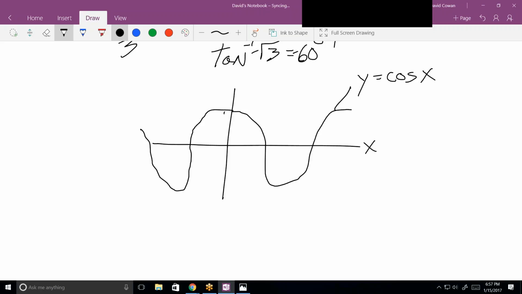That's 1. That's -1. That's pi over 2. And that's pi.